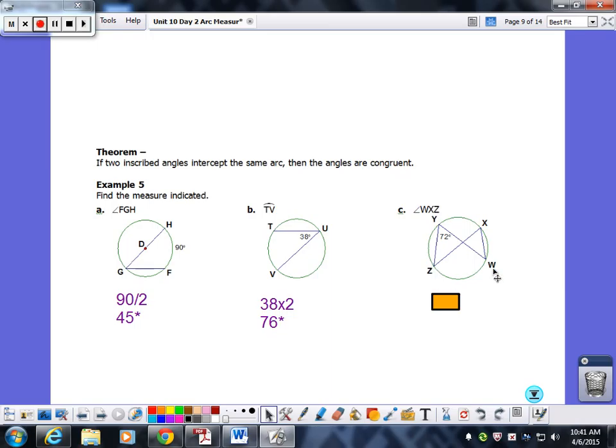Well, we know that YWZ is 72, which means WZ is its intercepted arc. 72 times 2 is 144. WXZ also has an inscribed angle that opens to WZ. So 144 divided by 2, again, is going to be 72 degrees. Example C here applies to this theorem. If they intercept the same arc, then the angles are congruent. So this one's 72 and this one's also 72.